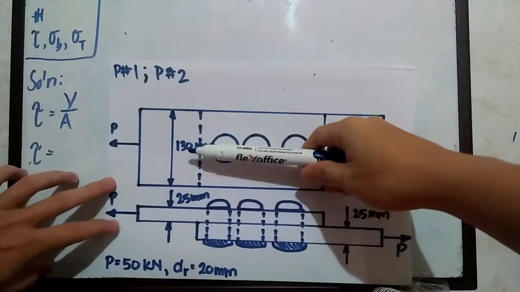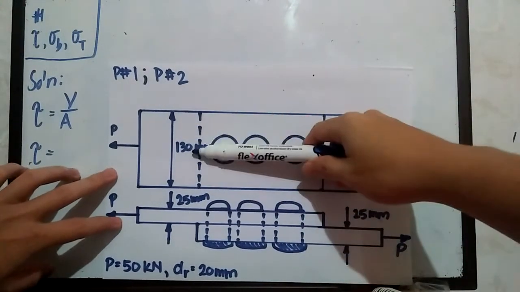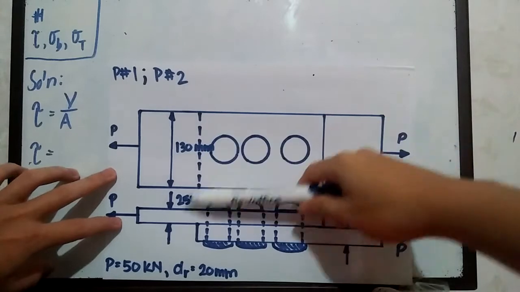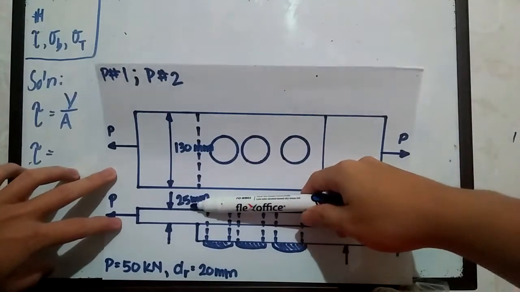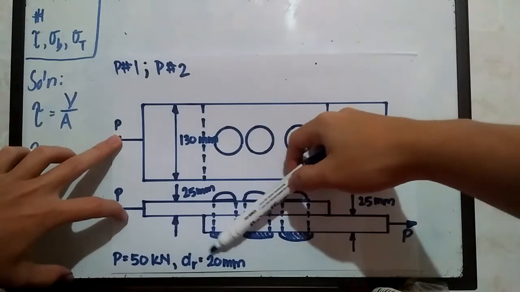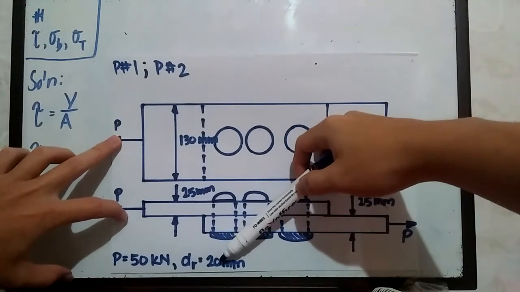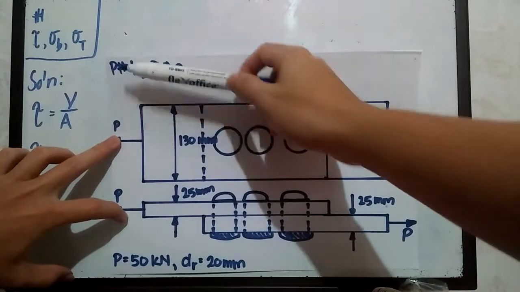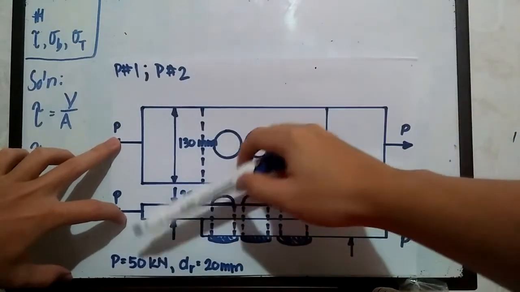We have the length of the plate equal to 130 millimeters, a thickness of 25 millimeters, and the diameter of the rivets is 20 millimeters.